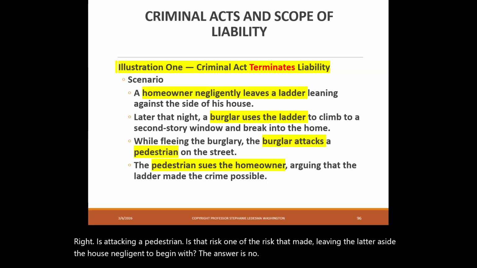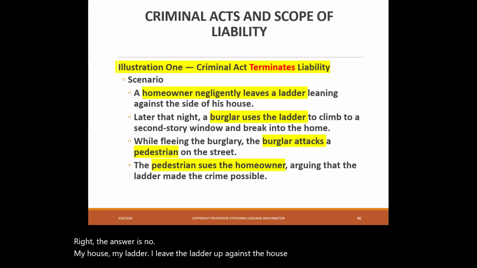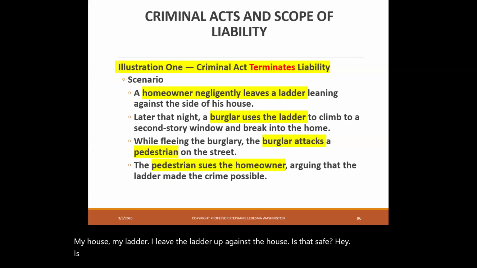The answer is no. My house, my ladder, I leave the ladder up against the house. Is that safe? Is it negligent? Yeah, right. Take the ladder down, just put it up the next day. I'm too lazy, I'm too tired, I don't want to do that.